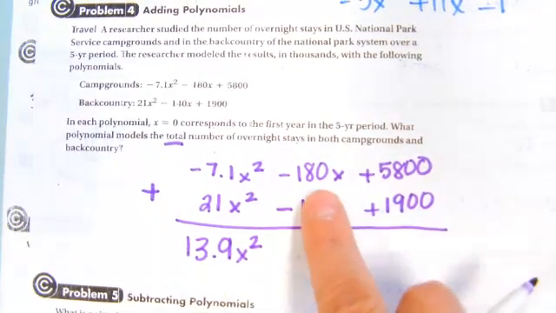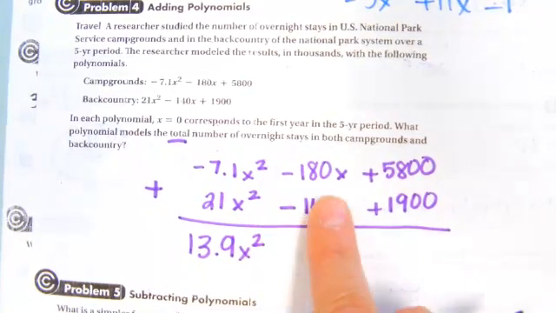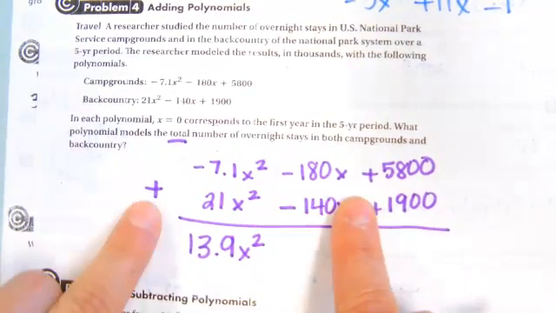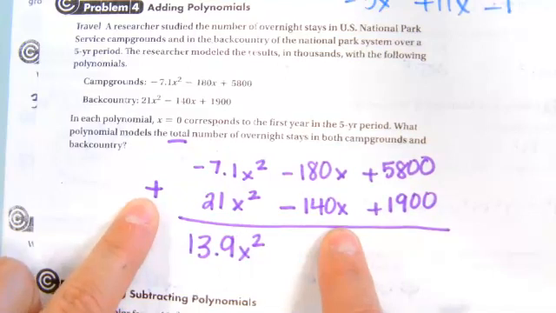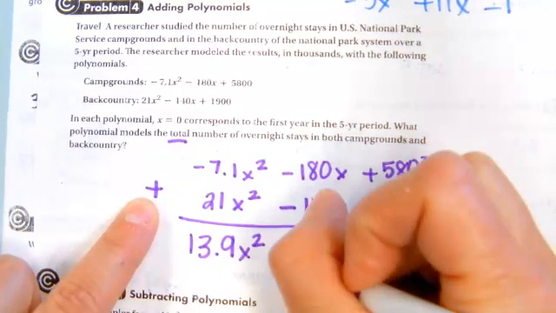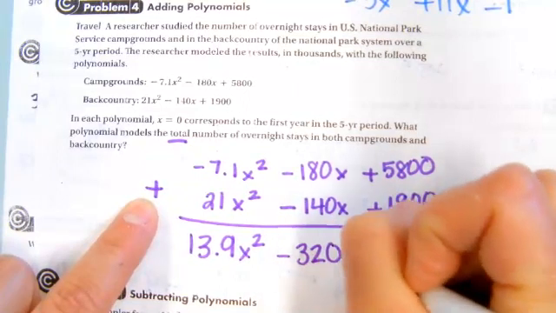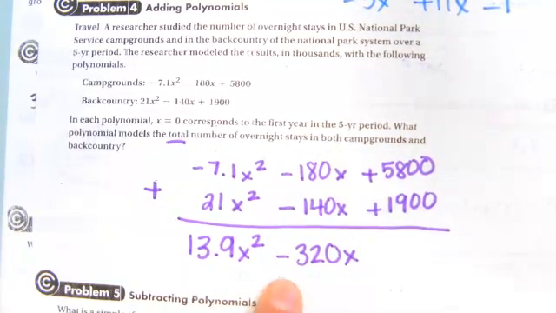Okay, be careful. Now this is negative 180x plus negative 140x equals what? Carla, go ahead. Negative 320x. And we write it back down just like this, right?